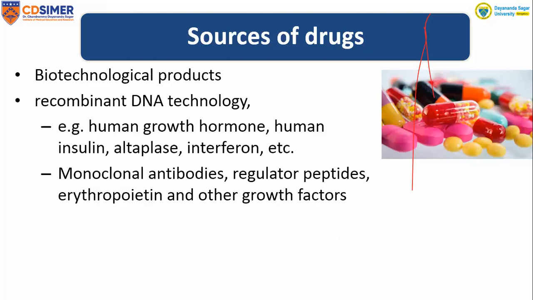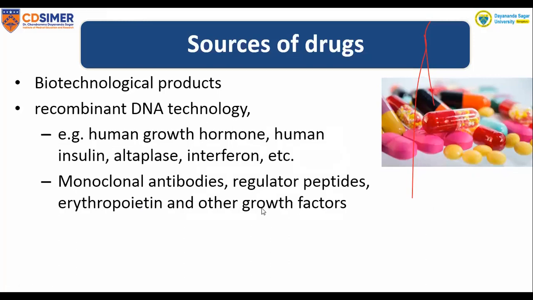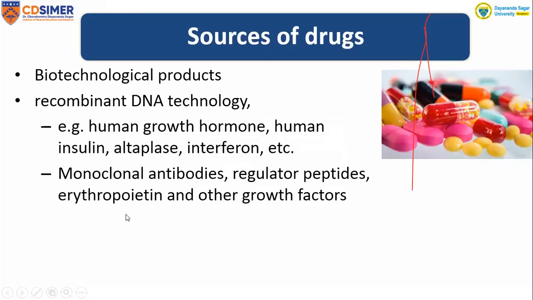So next is biotechnology products. As I just mentioned, recombinant DNA technology is used for the purpose of obtaining human growth hormone, human insulin, alteplase, interferon, monoclonal antibodies, regulatory peptides, erythropoietin, and other growth factors.